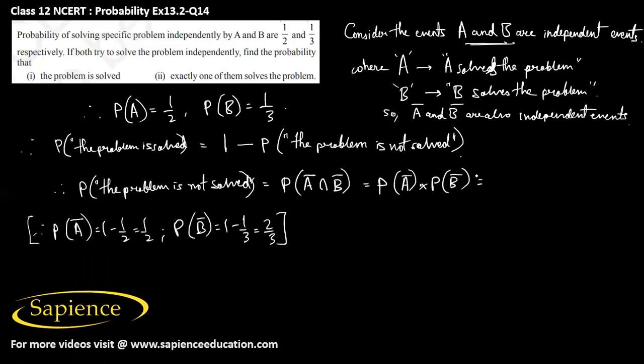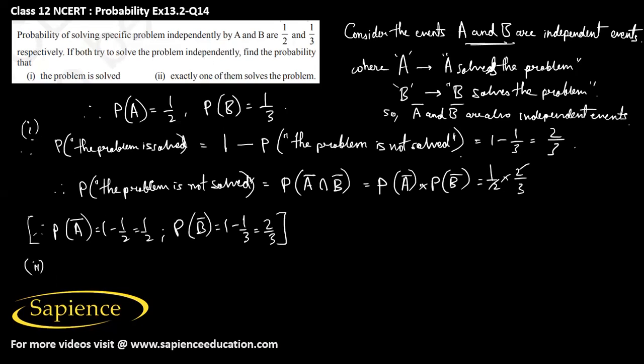So this will be 1 by 2 times 2 by 3. So therefore, the answer that the problem is solved would be 1 minus 1 by 3, so that would be 2 by 3. So this 2 by 3 is the answer of part 1 of this question.